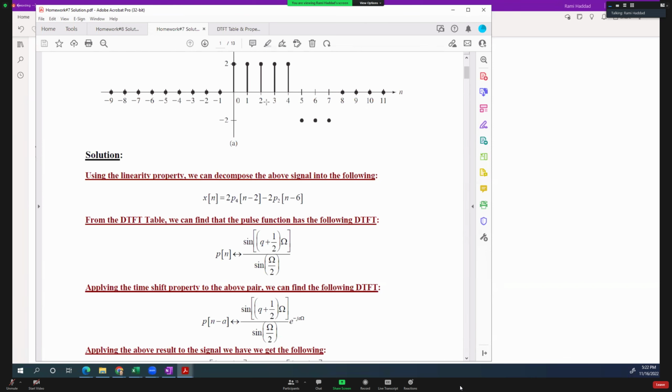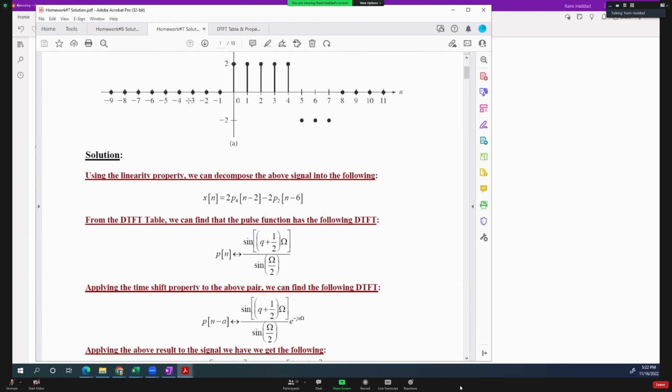Is that right? Now, the fact that this is shifted in time, you can see it's represented with a shift in here. And the fact that there is another pulse here in the opposite polarity or opposite sign, you'll notice that this will be centered at 6 in this case.